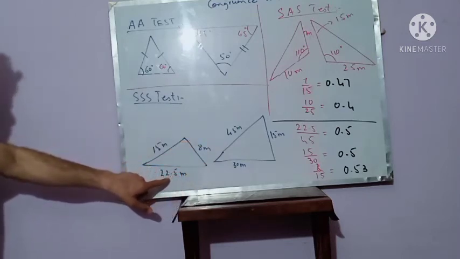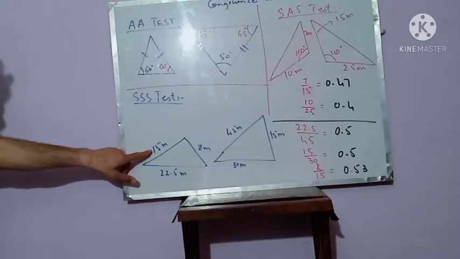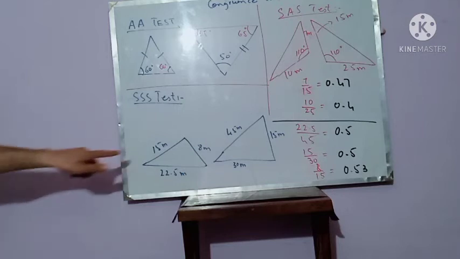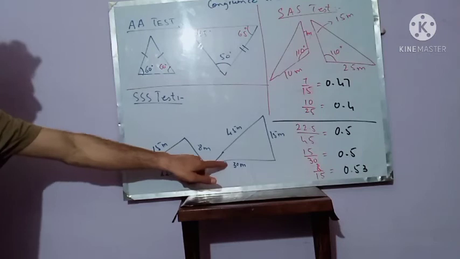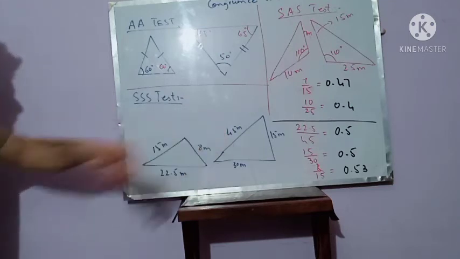Next, 15 here and 30 there are the medium length sides, not smaller and not bigger, so these two are corresponding sides, right? And the last ones are the remaining sides, that is 8 and 15.